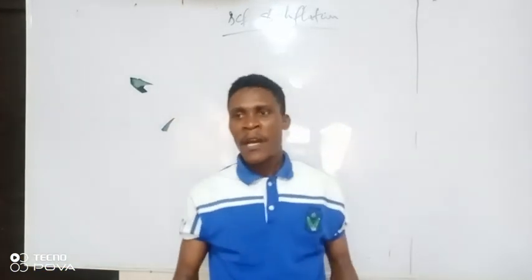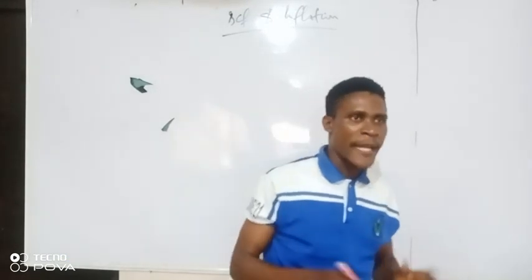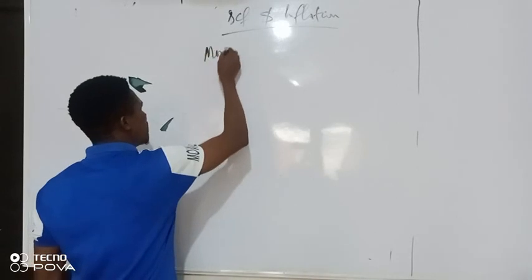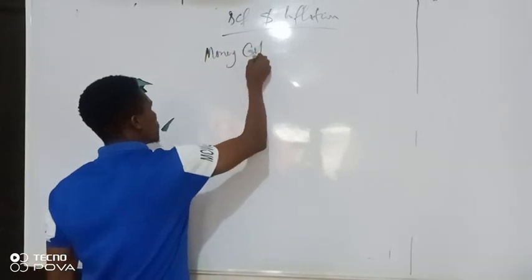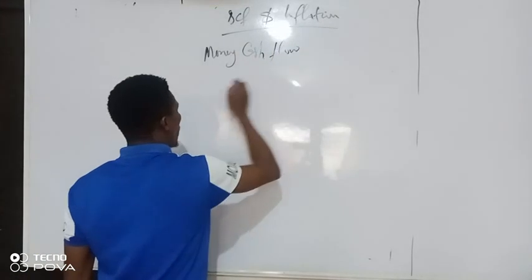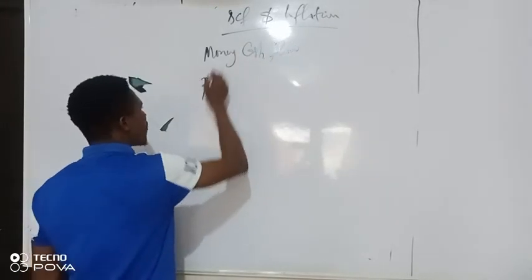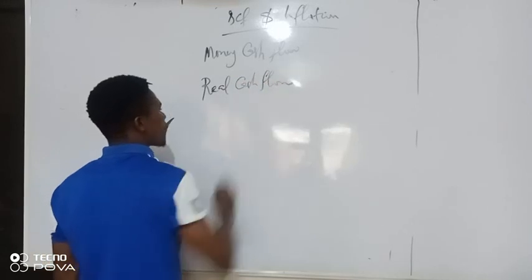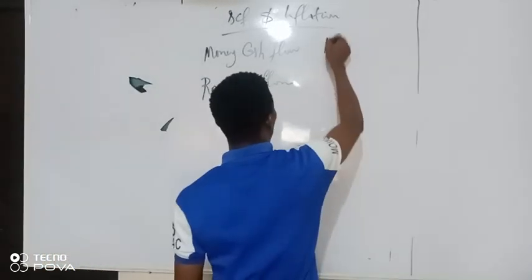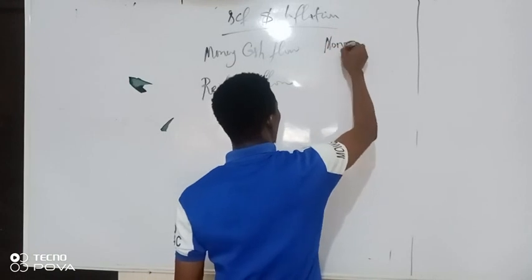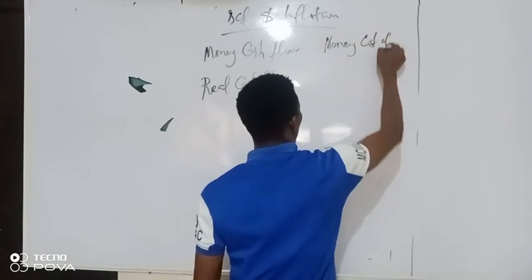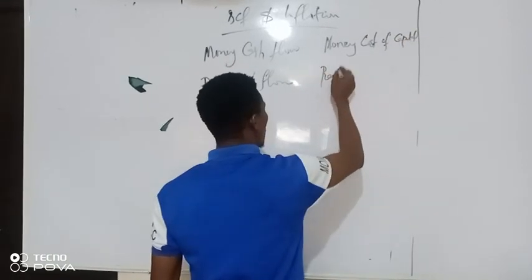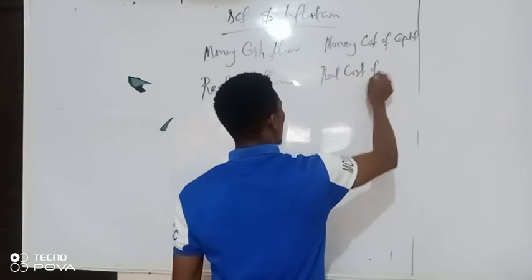You must know the meaning, and you must know how to treat them one after the other. Those terms are: money cash flow, real cash flow, money cost of capital, and the real cost of capital.